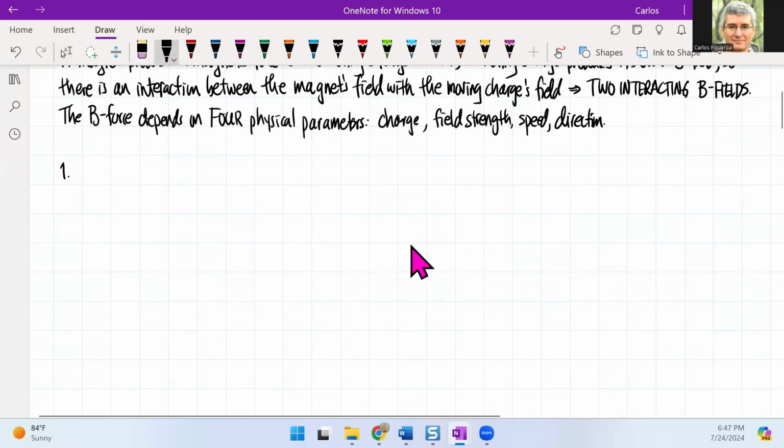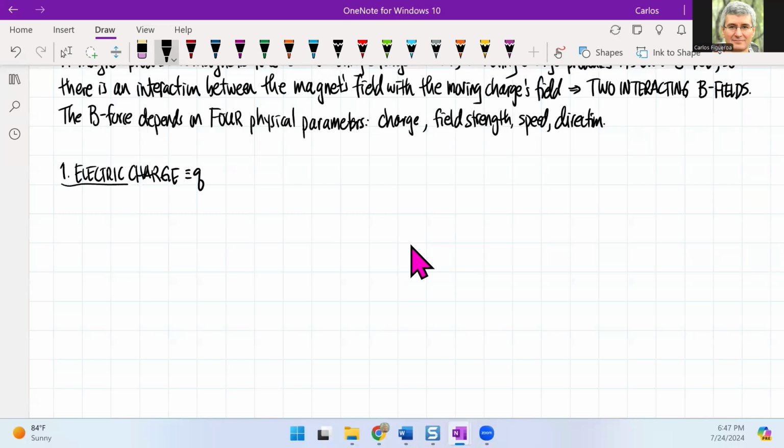So the first parameter we're going to go after is the electric charge. So what do I imagine here? I have a magnetic field that's present, and a charge is going to move through that magnetic field. So there's an external magnetic field, and then there's the magnetic field produced by the charge.